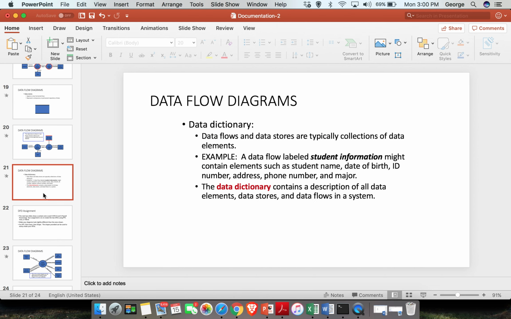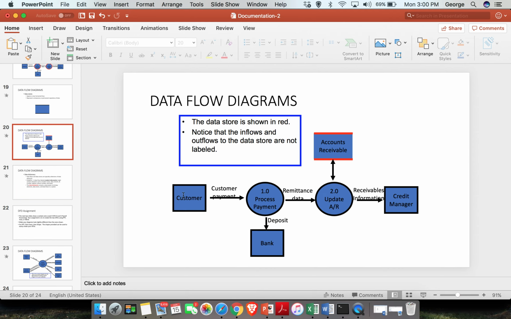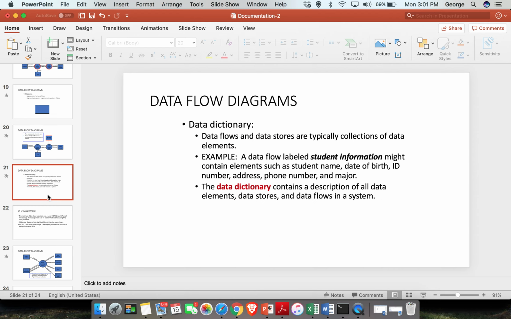Okay. A data dictionary basically gives us information about each of these entities. For instance, customer might be our primary key if we're using a database. So we would have that in our data dictionary. It just tells us about all the data that we're collecting.